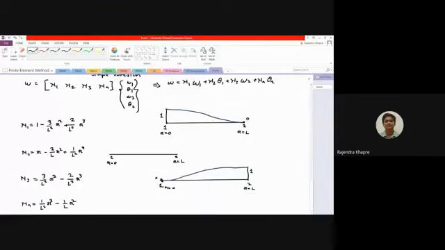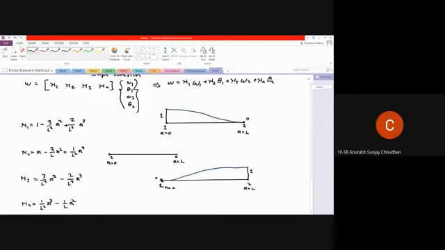Can somebody tell me what is the value of n2? 0. And in the same expression, if you substitute the value of x as L, what will be the value of n2? Minus L. Sorry? Sir, minus L. Minus L, no.